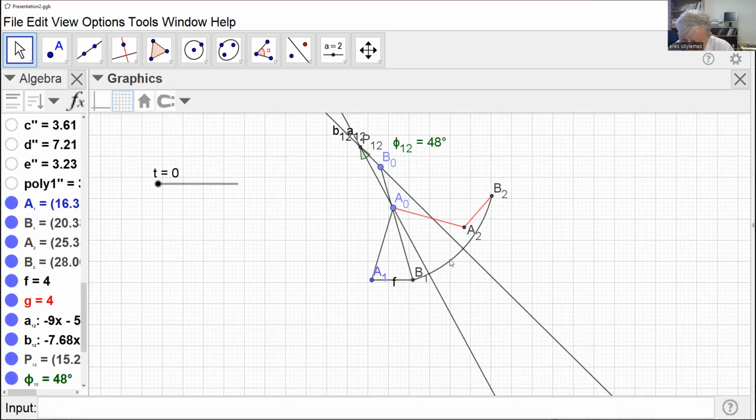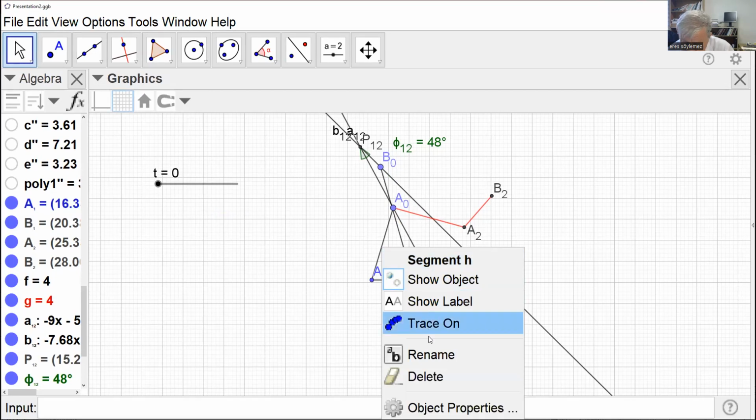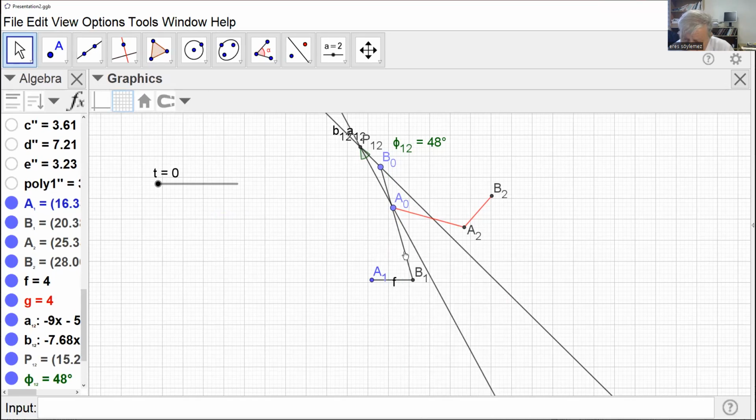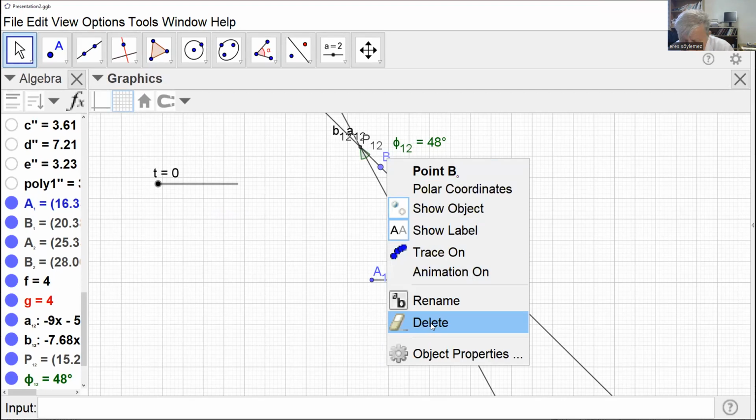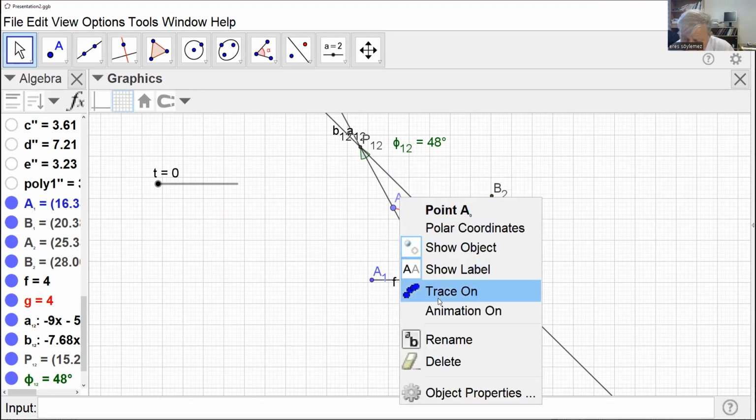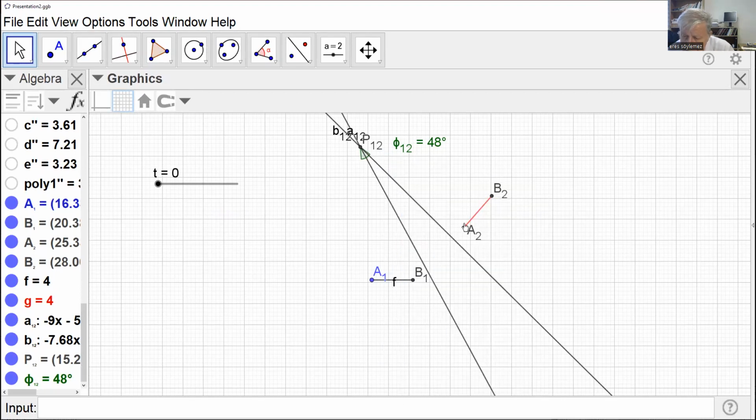Okay, that's good. Delete. In fact, I will delete this as well. I will delete. Okay, I will not delete that, but I will do like this. Delete. Delete. Okay.